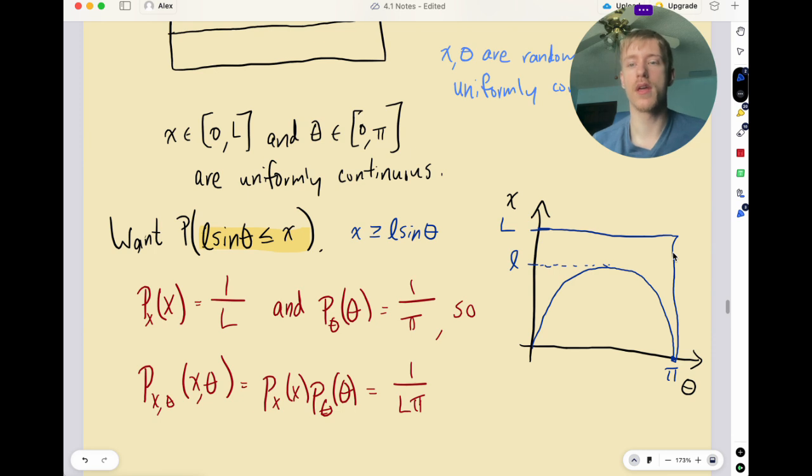This entire rectangle is our entire sample space region B. And what we want is the area where x is greater than or equal to that curve. So our region A is going to be this highlighted portion.